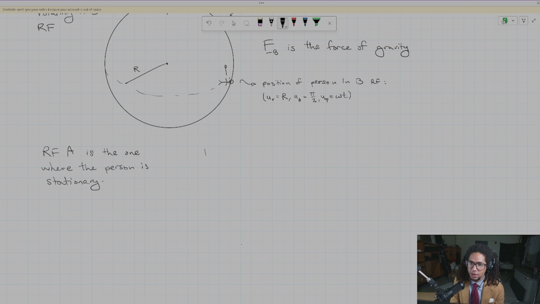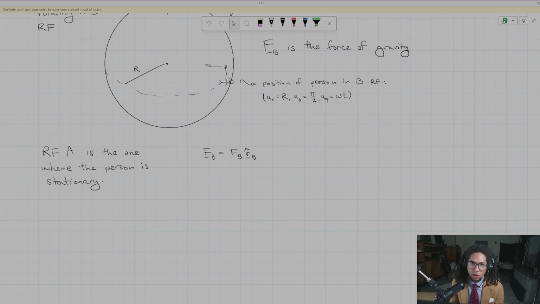F_B is equal to whatever its magnitude is, we're not particularly concerned with that here, times the B R unit vector, so in the radial direction. Its force of gravity is pointing that way.